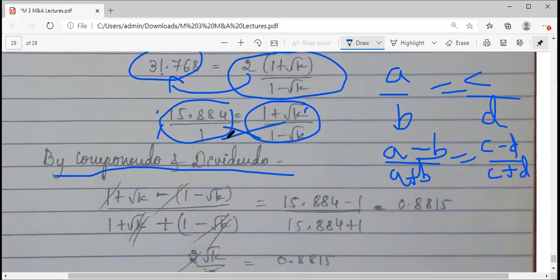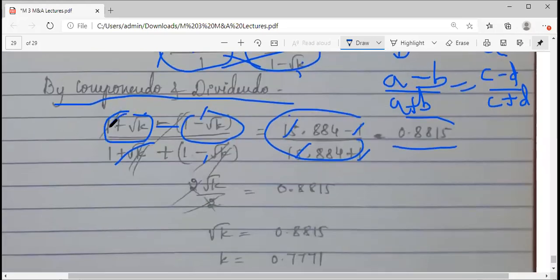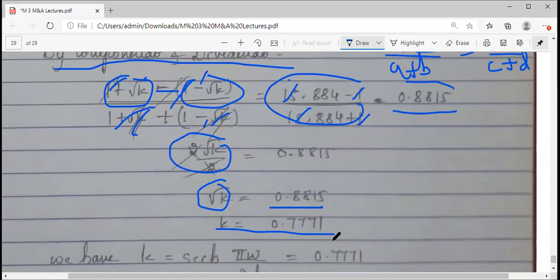So here I have taken 1 plus root k minus 1 minus root k, numerator minus denominator divided by numerator plus denominator, on the RHS. Similarly, do the same on the other side, numerator minus denominator by numerator plus denominator. You will get this total number as 0.8815. Here the 1 gets cancelled in the numerator and the 1 gets cancelled in the denominator, so you will get root k equal to this. Take the square root, and you will get k equal to 0.7771.